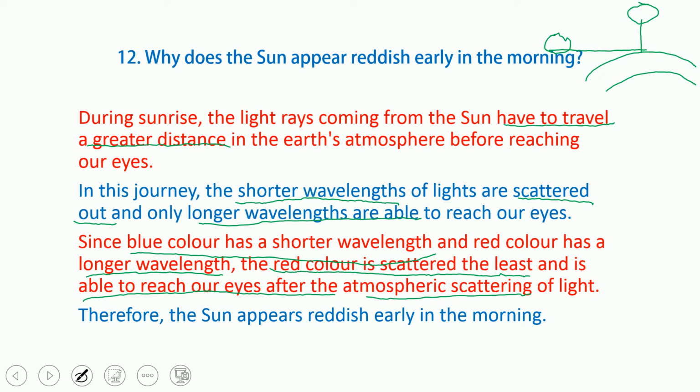In this journey the shorter wavelengths of the light are scattered out and only longer wavelengths are able to reach our eyes. Since blue color has a shorter wavelength and red color has a longer wavelength, the red color is scattered the least and is able to reach our eyes after the atmospheric scattering of light. Therefore the sun appears reddish early in the morning.